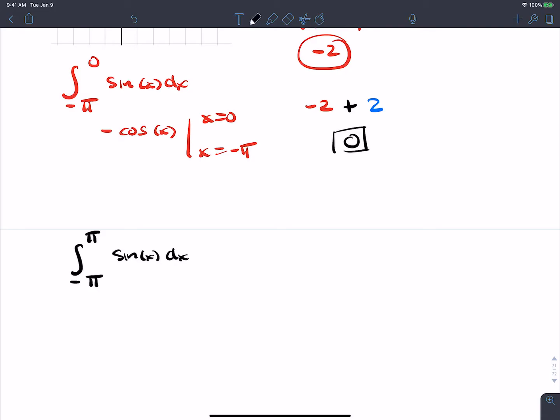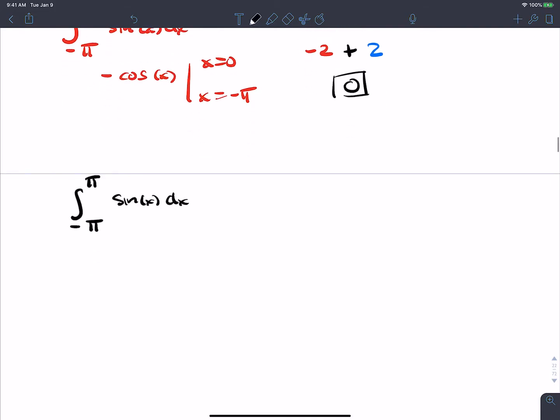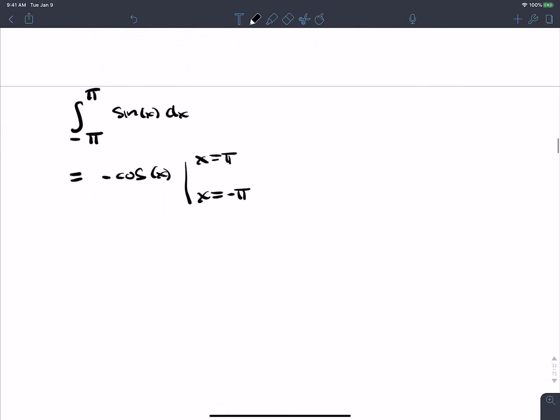Fundamental Theorem of Calculus Part 2, what does it say? I can integrate. Is that right? In other words, I need the antiderivative. Cosine. x is minus pi. x is pi. You guys okay with that? This is minus cosine of pi minus cosine of what? Negative pi.